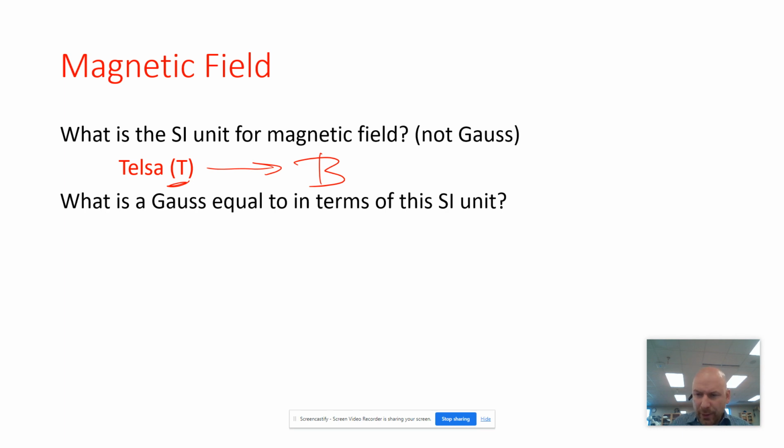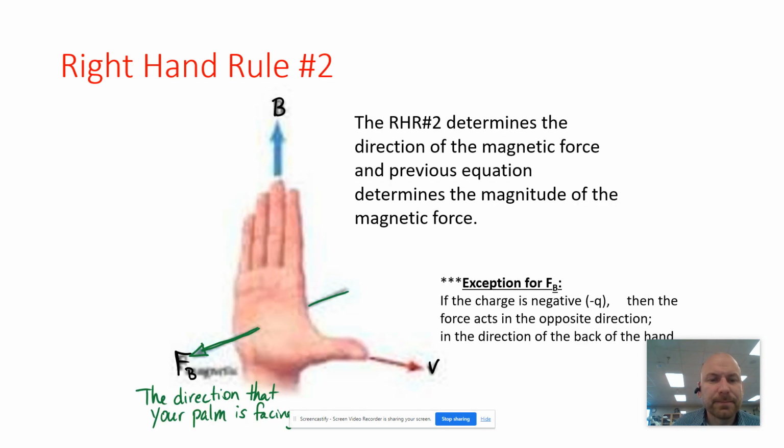Okay. Sometimes you hear Gauss. Gauss is another unit. It's 1/10,000th of a Tesla. Tesla is pretty big. So we use Gausses sometimes in lab, but for this class we'll just stick with Tesla.